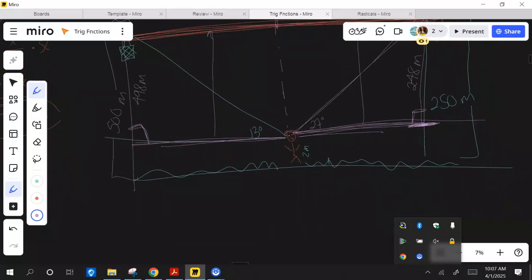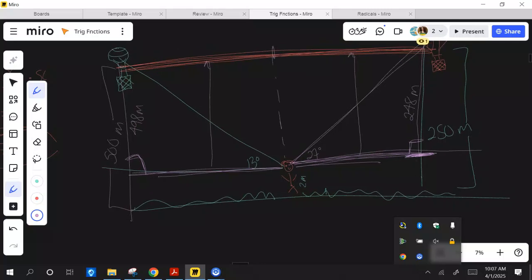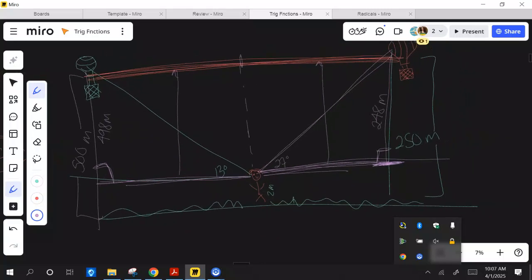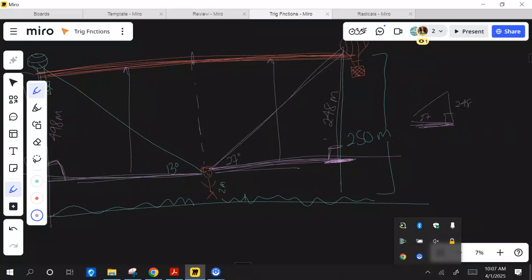All right, so look, Harris, let's work on the first triangle. We need to know how far apart these are. I'm going to look at the purple triangle first, this one right here on the right. This is 27, this is 248. Find this one. 9 times out of 10, you're using tangent on these.